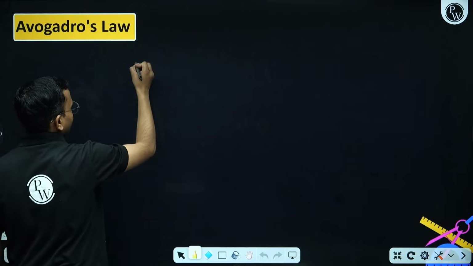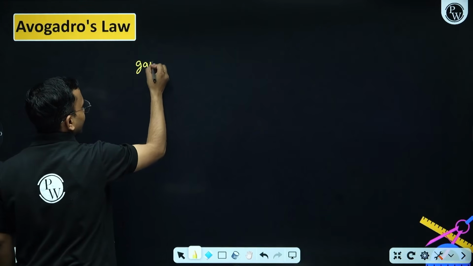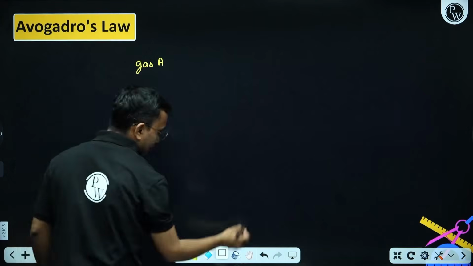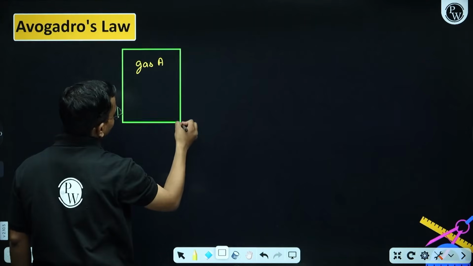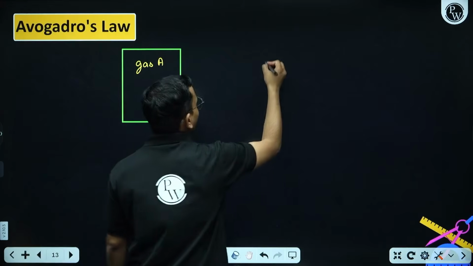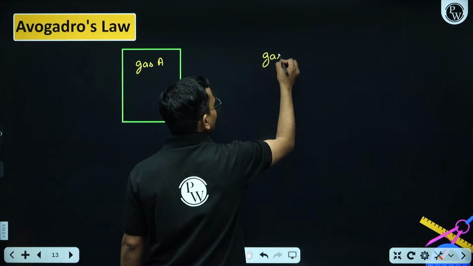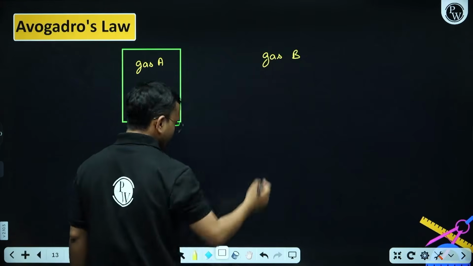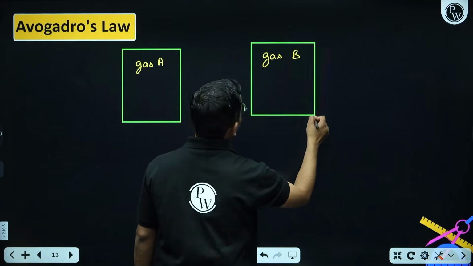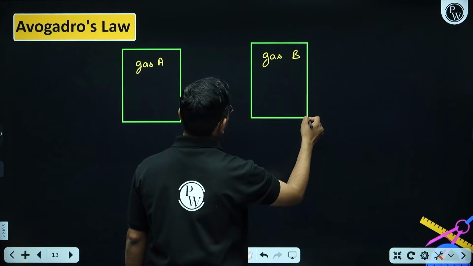So I have two gases. Let us take this as gas A in a container, and this is gas B in another identical container which has the same volume.